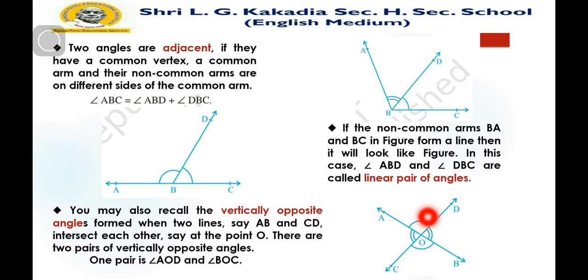So the opposite angles AOD and COB are vertically opposite angles, and also AOC and DOB are vertically opposite angles. So you have already known about it.